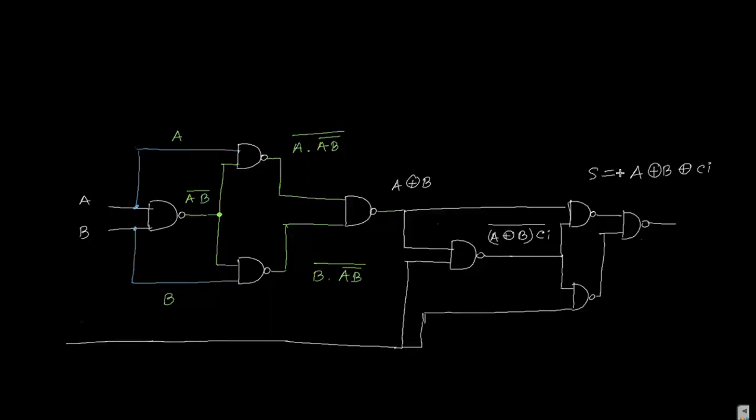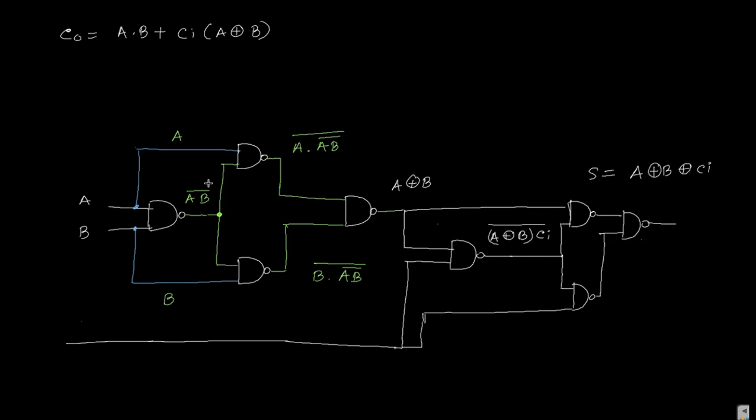So sum is there. Now carry. What is carry? Carry is A dot B, A and B, plus Ci into A XOR B. Now keep the notation in mind.